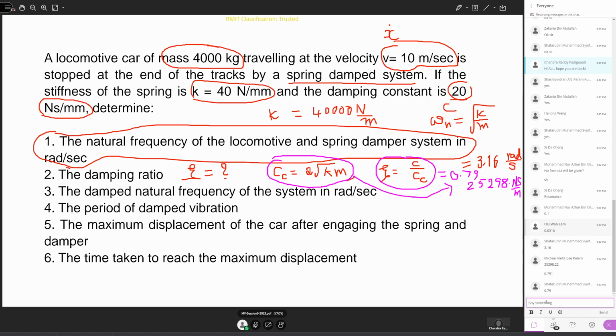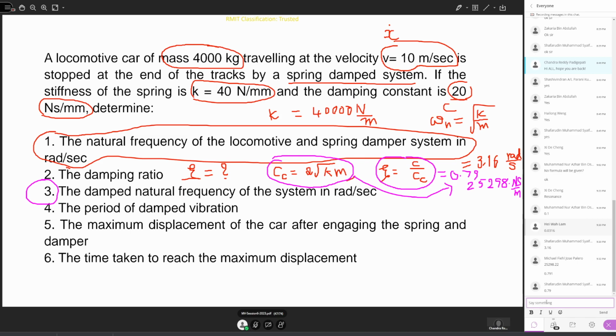So to get the ratio, you must also multiply this with 1000. All right, the third part of the question is the damped natural frequency of the system in radians per second. So calculate the damped natural frequency.